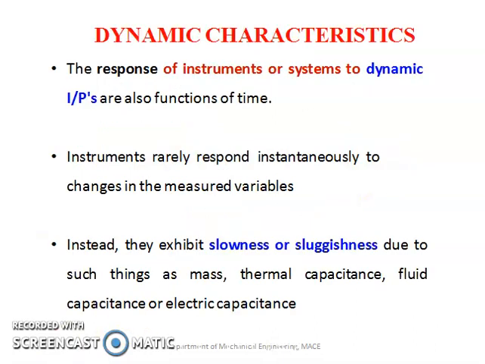Next is dynamic characteristics. They are responses of an instrument or system to inputs which vary with respect to time.